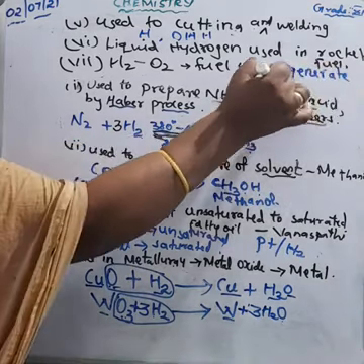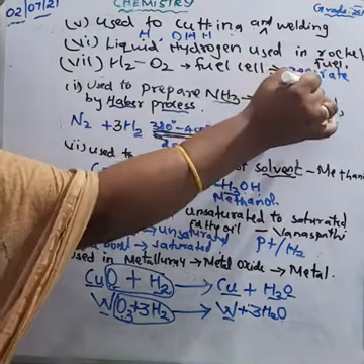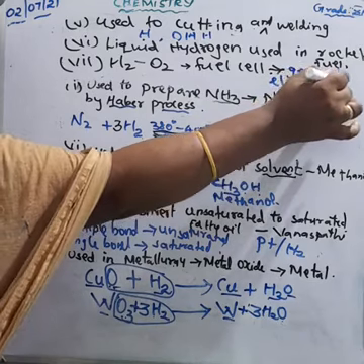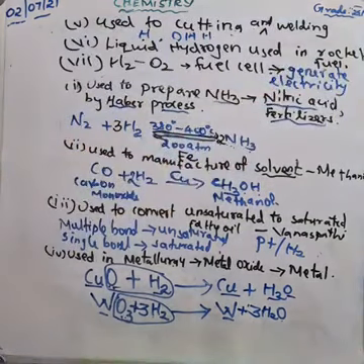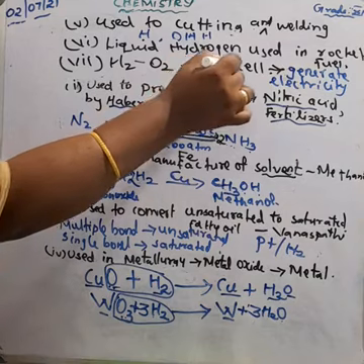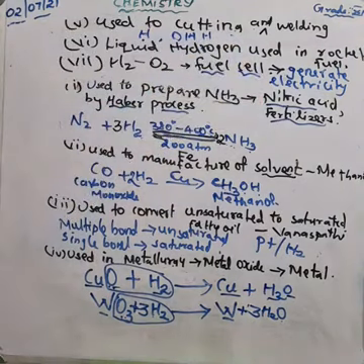So we can use hydrogen and oxygen in one cell, that is the hydrogen oxygen fuel cell. By using the hydrogen and oxygen fuel cell, we can generate electricity.